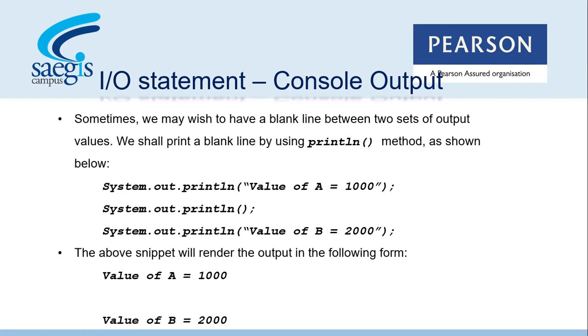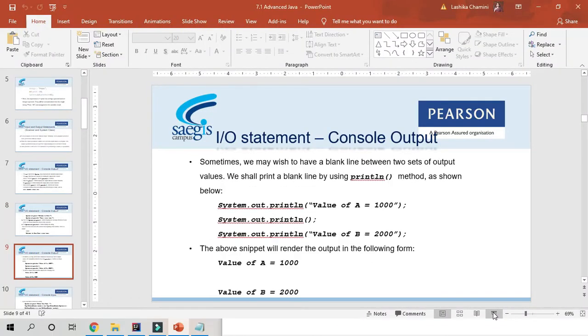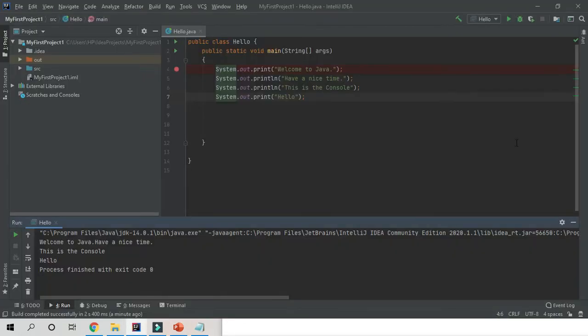We can use the println method if we need to put some extra spaces in our output. For example, here I need to print something, then after that a blank line, then print another word. We'll see this example also.